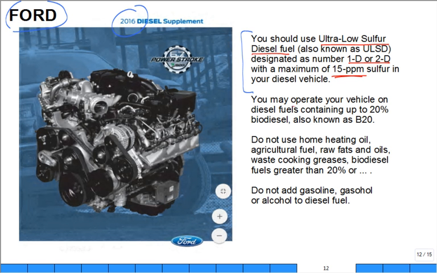You may operate your vehicle on diesel fuels containing up to 20% biodiesel, B20, but do not use home heating oil, agricultural fuel, raw fats and oils, waste cooking greases, or biodiesel fuels with more than 20%. And do not add gasoline or gasohol or alcohol to your diesel fuel.